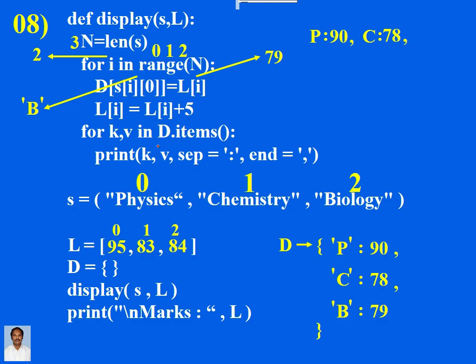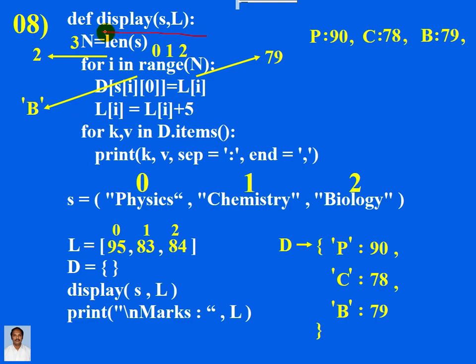Again, the last item is returned as answer B colon 79. So K contains the key B and V contains the value 79. Now here B is printed, 79 is printed. Between the arguments, the separator colon will come and the ending character is comma. There are no more items, so you exit from this for loop.